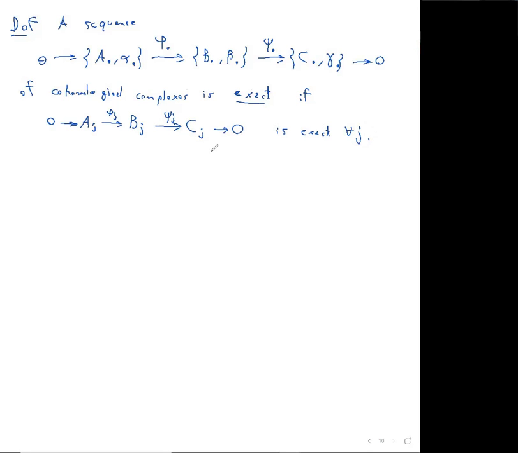We know what exact means for group morphisms, and these maps that I have here are morphisms between cohomological complexes. So diagrams come up again.